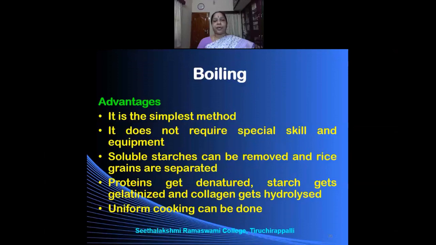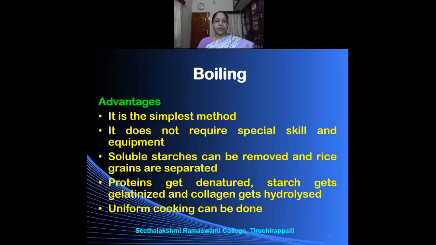This is the most important property. The starch grains are present in various foods, including rice, dal, vegetables, etc. The starch grains absorb water, swell, and burst in the presence of heat, and they gelatinize. This process is called gelatinization.